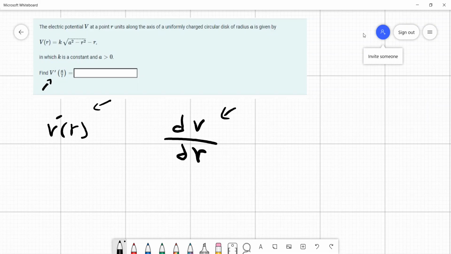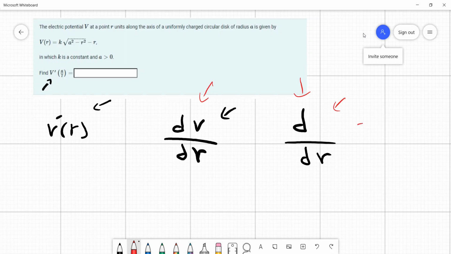And then I'm going to be using one more notation, which is going to be d/dr. This one over here is telling you what the derivative result is, and this one is saying what we're going to do. So when I write this, that means I am going to take the derivative of a certain thing with respect to r.